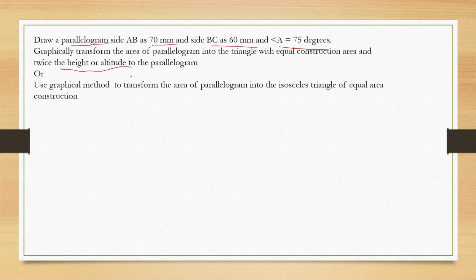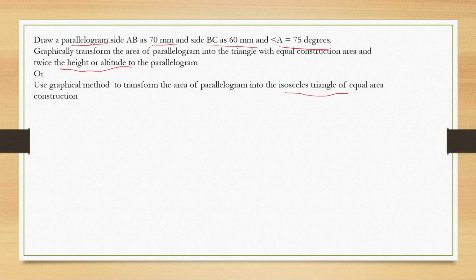So that's important. If you remember, we did the same thing when we were drawing the isosceles triangle in the square question. So it will be a similar construction. Part of the question says to use the graphical method to transform the area of the parallelogram into an isosceles triangle, or they straightforwardly ask you to draw an isosceles triangle.